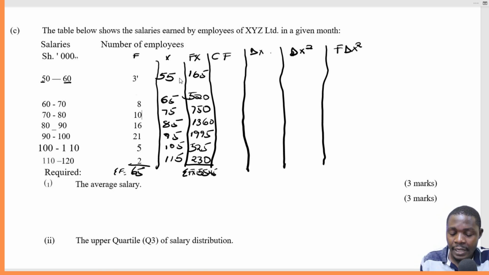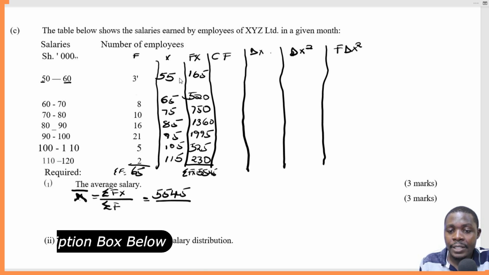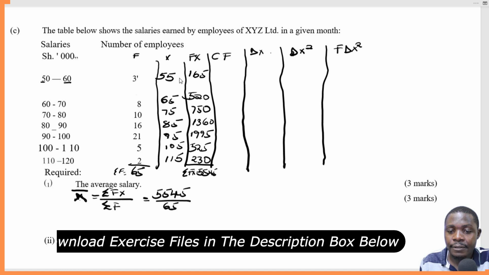Now the average salary, or the mean salary, is always written as x bar is equal to the summation of fx over summation of f. Now in this case, fx we have gotten as 5545 divided by 65.